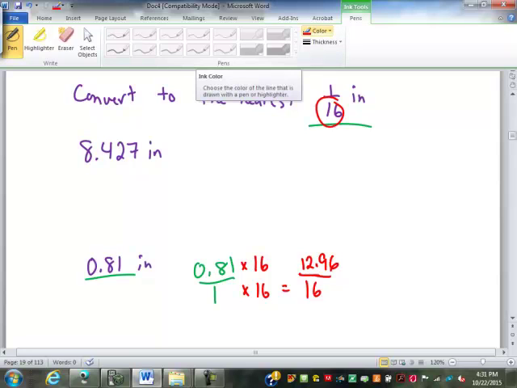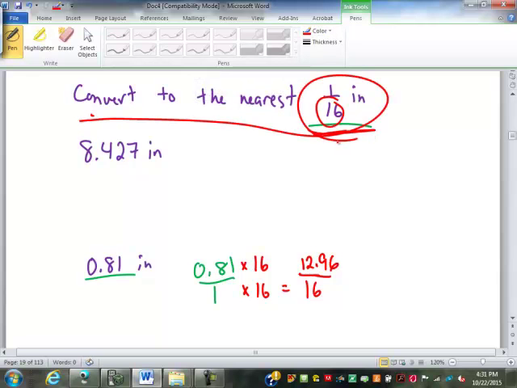But that is a very good question, because normally if I'm giving you a decimal and I'm asking you to convert it into a fraction, we want 81 hundredths and reduce it if you can. So how do I know the difference? Well, here I asked you to convert to the nearest, and I gave you a specific fraction. So that's where you want to start out with it over 1 and multiply it out.